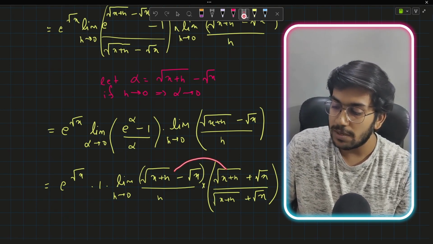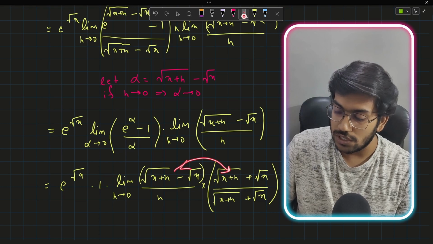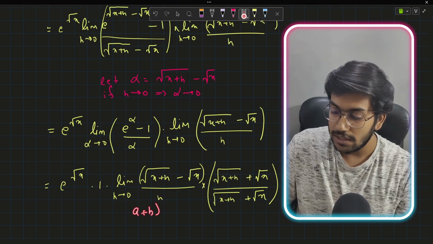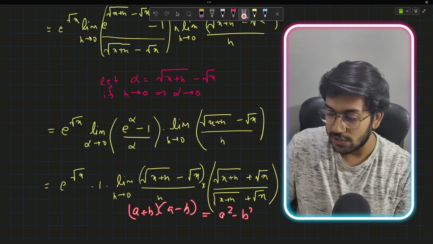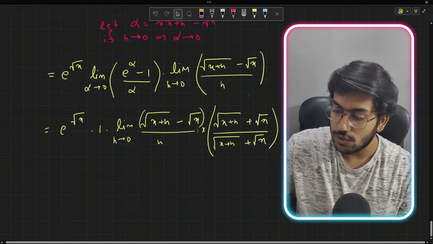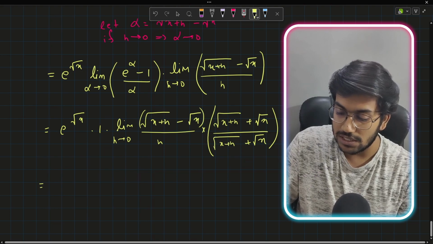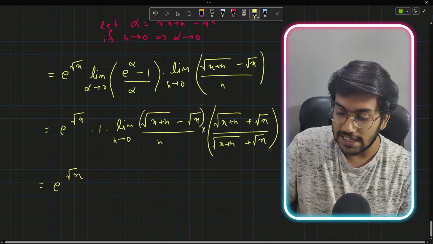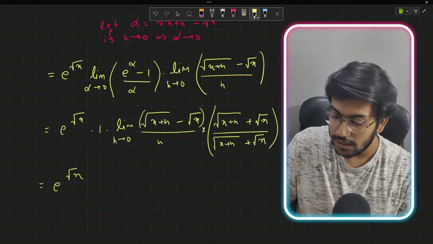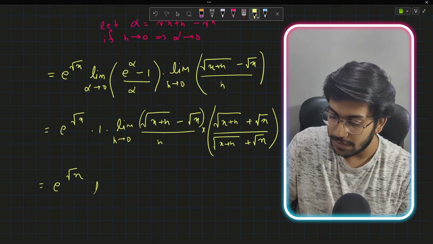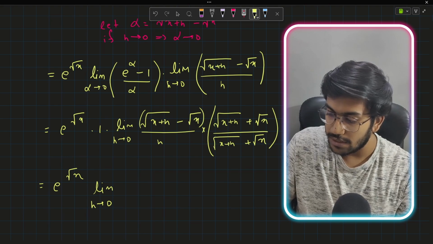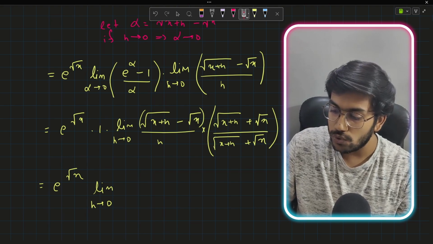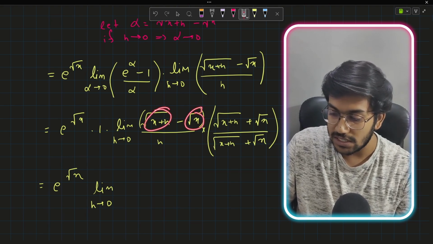Now if you multiply them using the formula (a plus b)(a minus b), you get a square minus b square, right? So what this gives us is e to the power root x as it is, times limit h goes to 0, and what we need to do is this square minus this square.